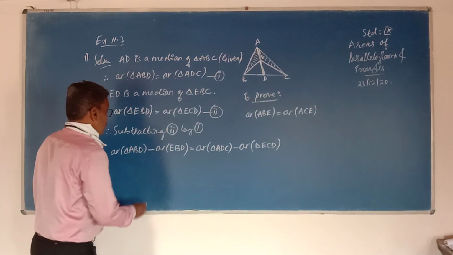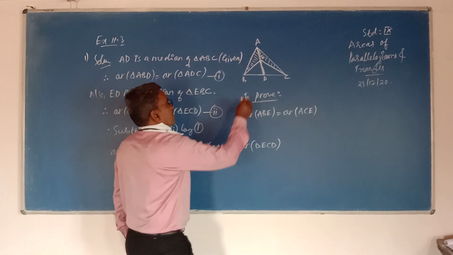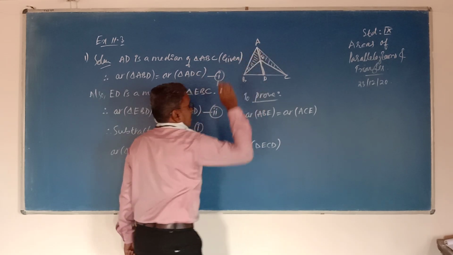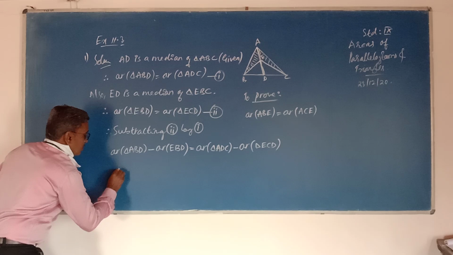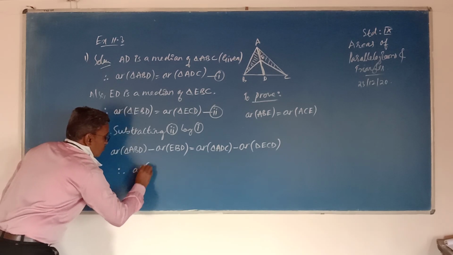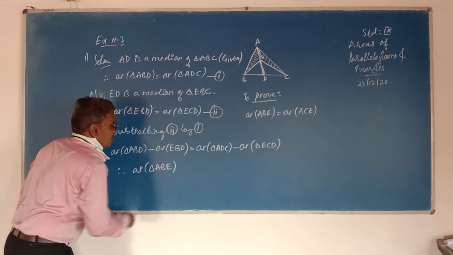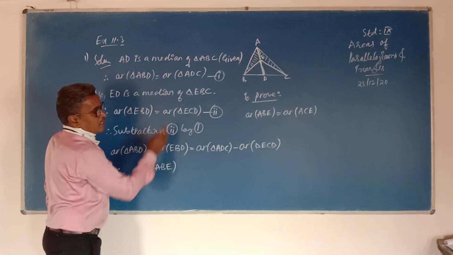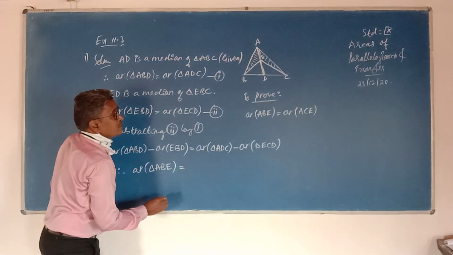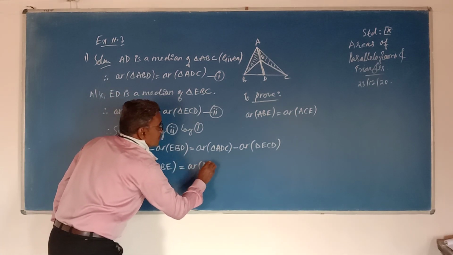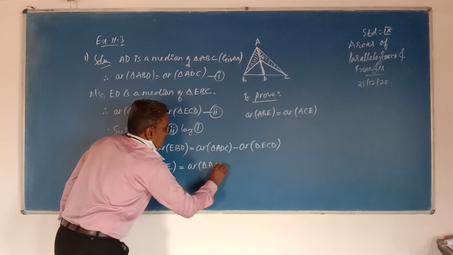Is it? Therefore, ABD minus EBD equals ABE. Therefore, area of triangle ABE. Is it correct? ABD minus EBD is ABE, and ADC minus ECD is ACE, equal to the area of triangle ACE.